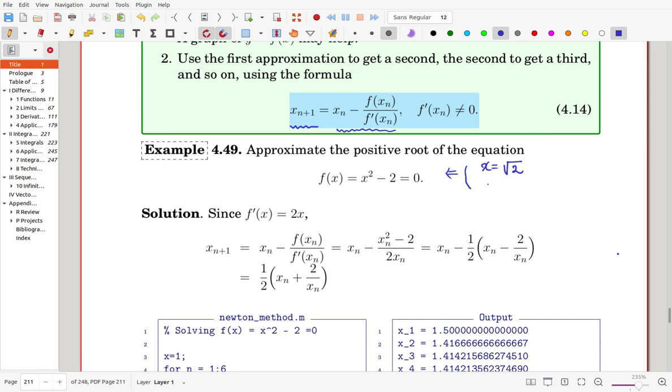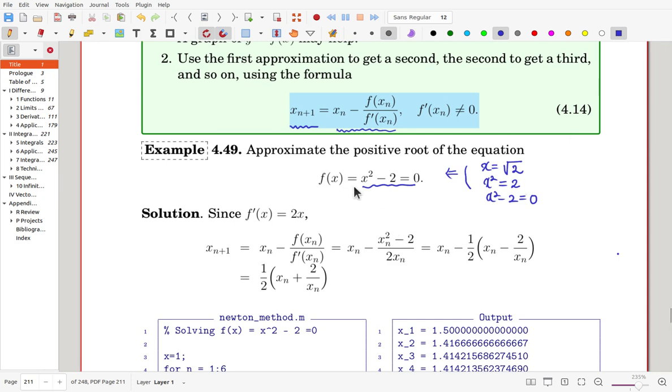And from this one, if we square both sides, then x squared equal 2, and we move this to the left hand side so that x squared minus 2 equals 0. So once we find the positive root of the equation, then that will be square root of 2. So the problem is the same as finding square root of 2 by using Newton's method.